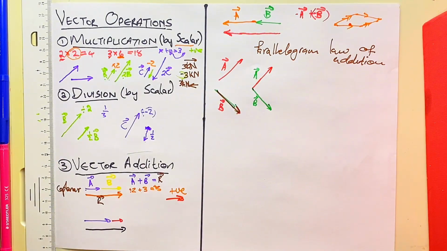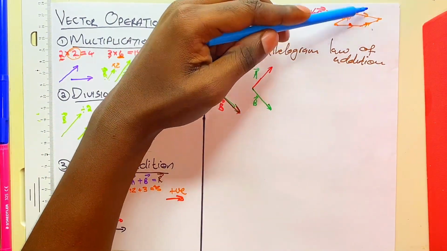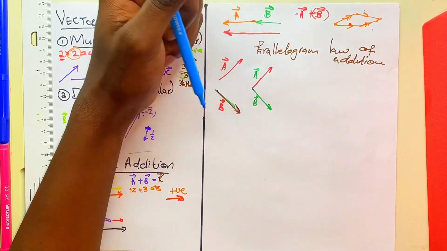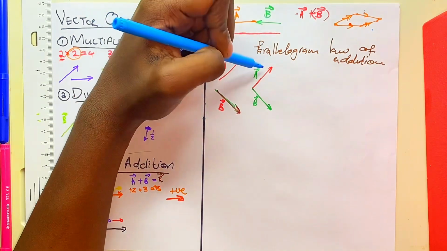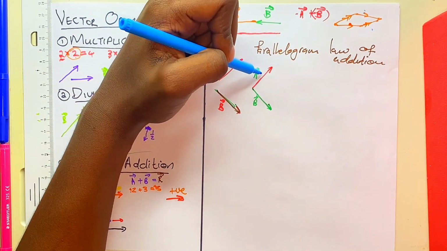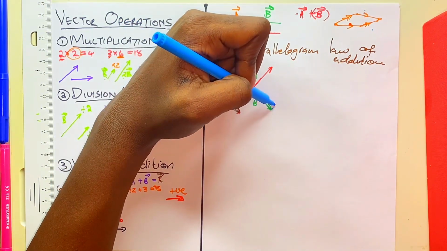And now we are going to draw imaginary lines. These imaginary lines are going to represent the other two sides of the parallelogram that are parallel to these two vectors. A parallelogram is a four-sided figure whereby opposite sides are parallel to each other, which means now I need a line here.